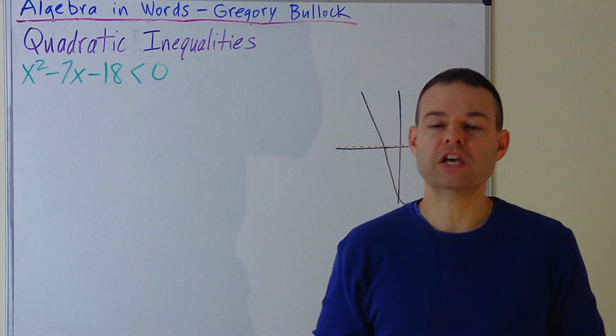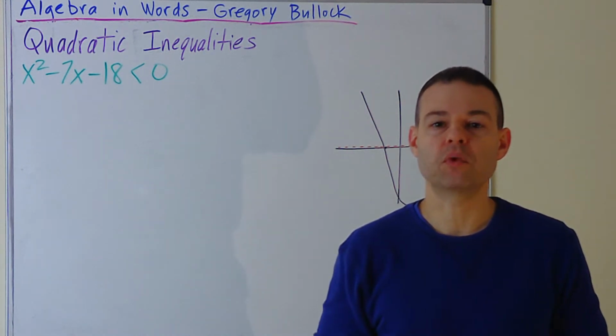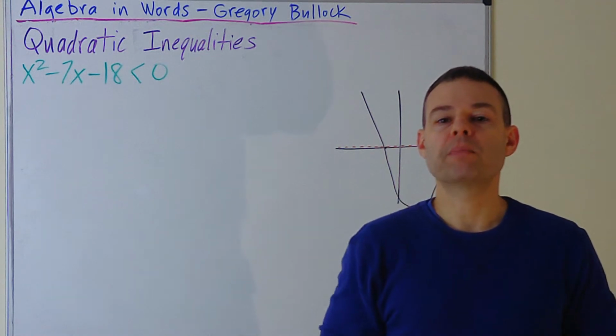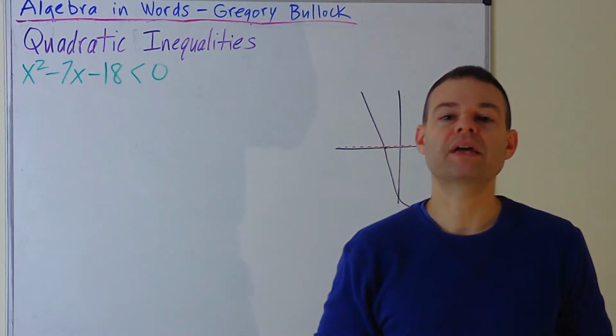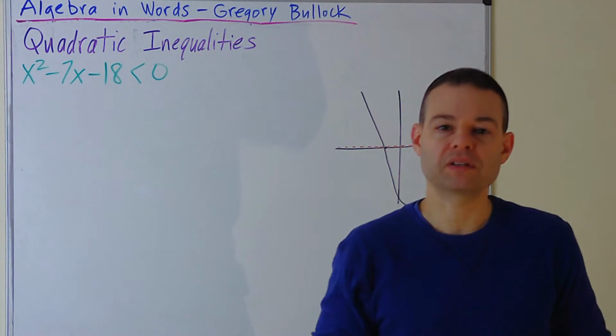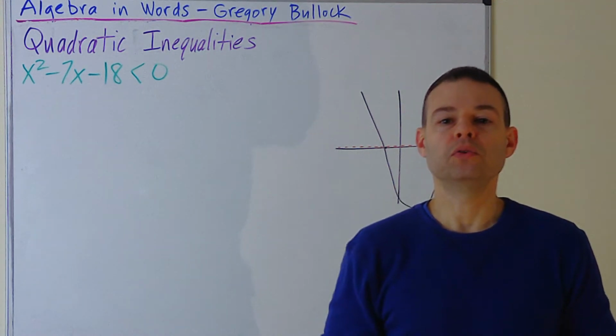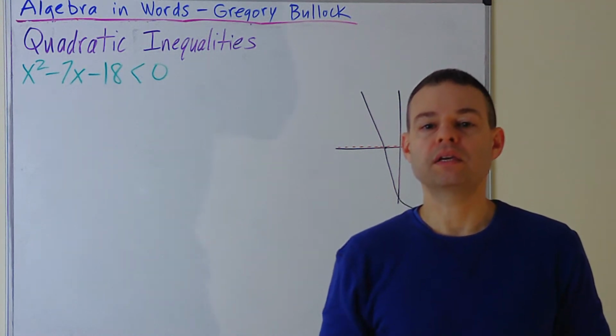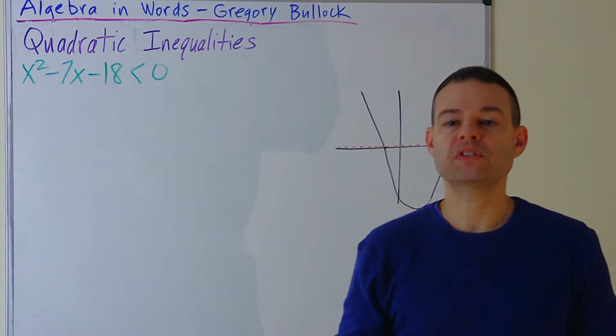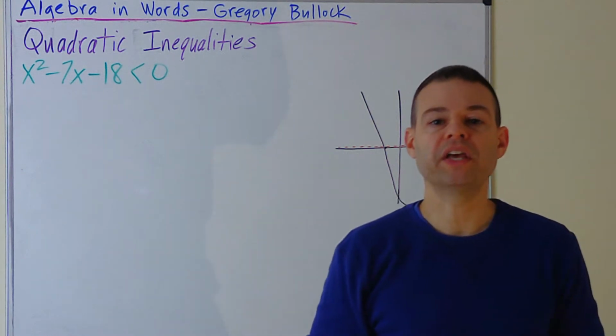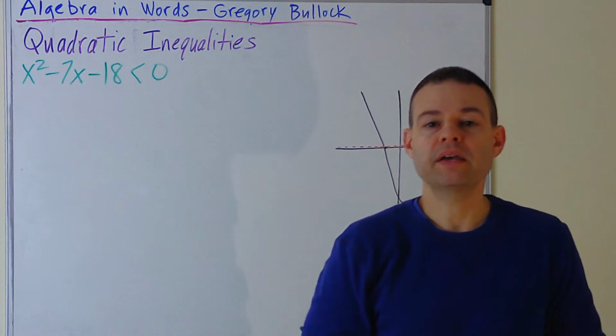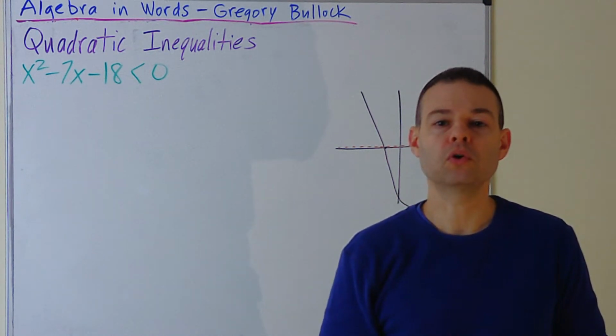Try to choose an easy test point like 0 or 1 or -1 if possible. But remember that you cannot choose a test point that's the same as a boundary point, because then that's not a test point. You do the test point by taking the number and substituting it back into the original inequality, simplifying, and seeing if the statement comes out true or false.